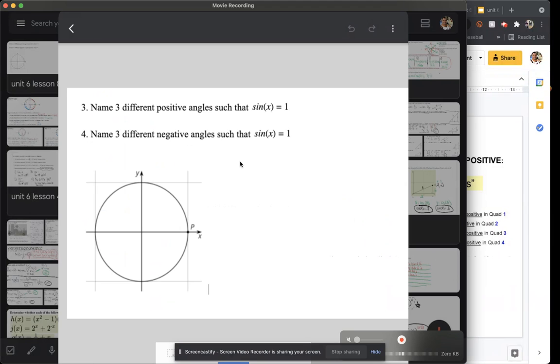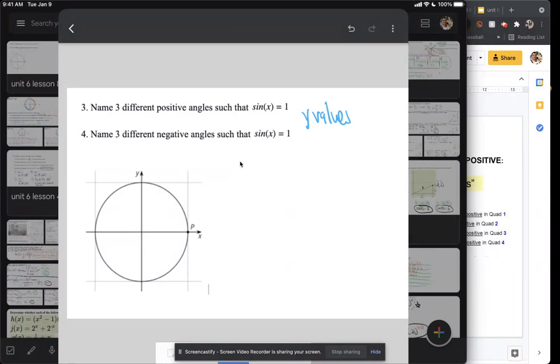So what this is really telling me is that the y value equals 1. The y value being 1 is either going to be up here or it could be down here. So sine being 1 is actually just going to be up here.